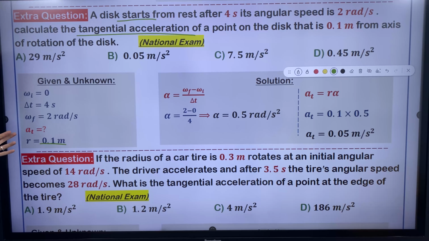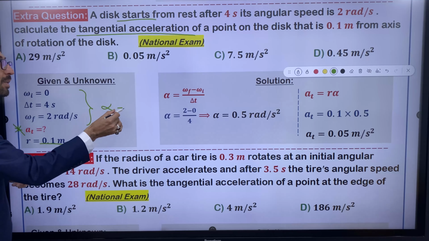So here we look for AT. I have a suggestion for you. Ignore this information, as if there is no tangential acceleration in this question. Just focus on this information: omega i, delta t, omega f. And I want you to find alpha for me.